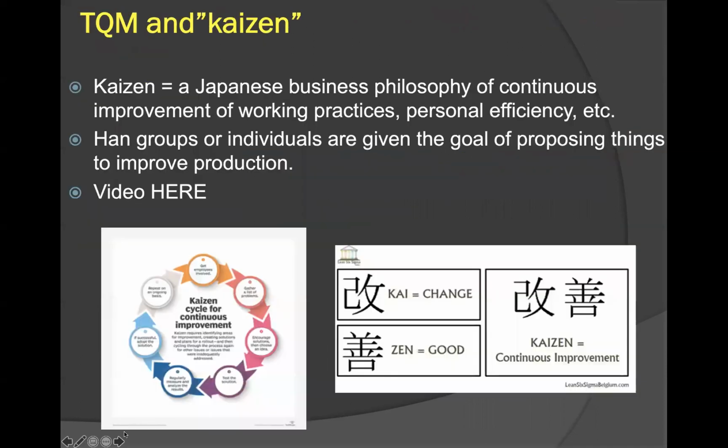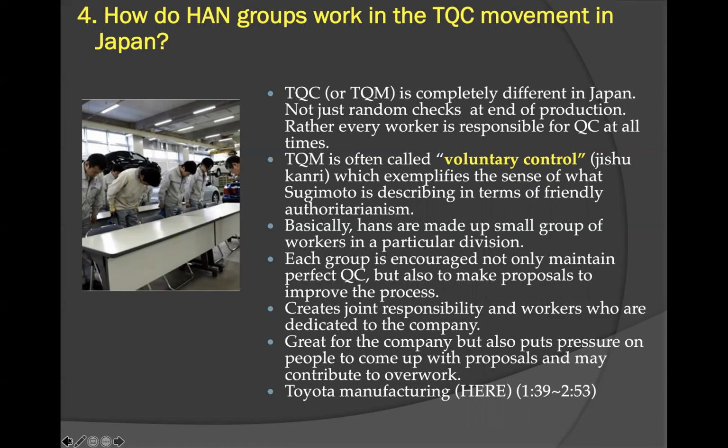And then each group is encouraged not only to maintain perfect quality control, but also to make proposals to improve the process. And this basically creates joint responsibility and workers who are dedicated to the company. So this is really great for the company, but it also puts pressure on people to come up with proposals and may contribute to overwork and stress.